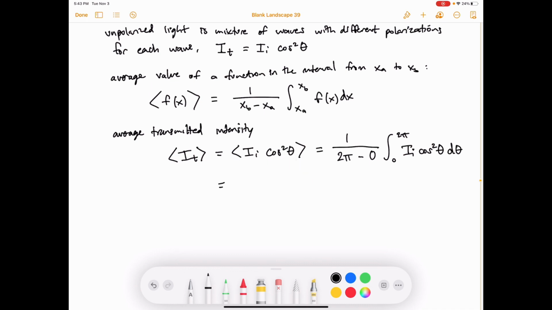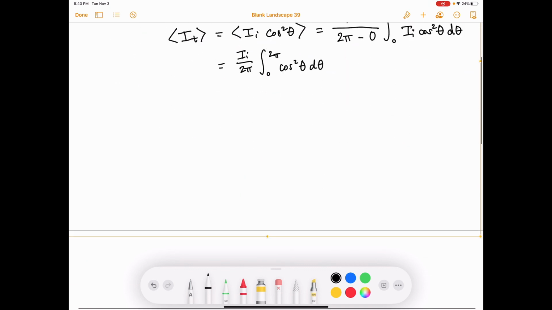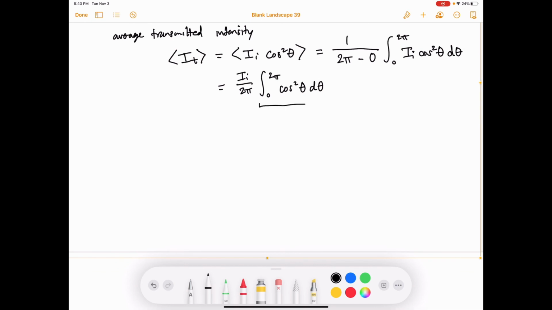So what I have is 1 over 2 pi. I can also pull out the constant, which is I_I. And then I'm just going from 0 to 2 pi of cosine squared of theta d theta. I'm not going to work out the integral right now, but if you punch this into a calculator or Wolfram Alpha, you can see that this integrates to pi.